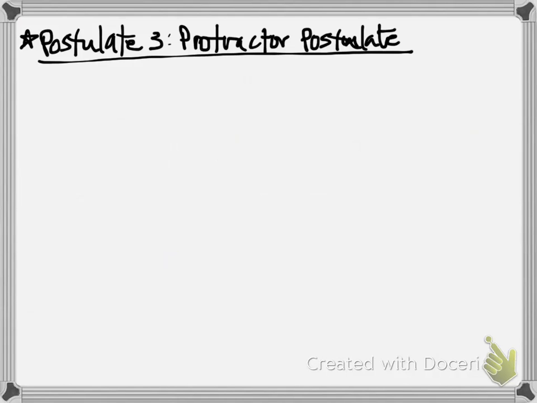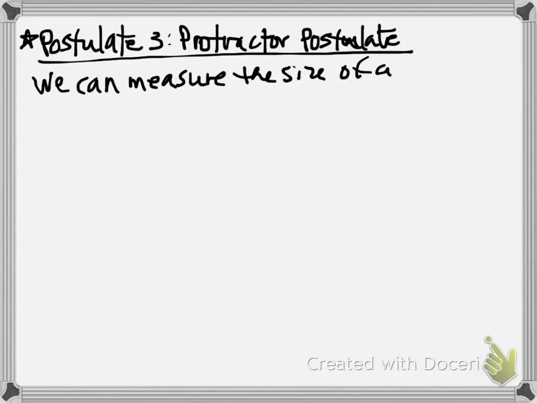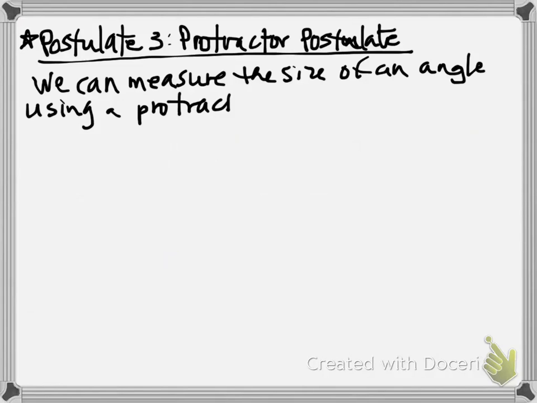And we're going to change it to say, we can measure the size of an angle using a protractor. And again, if you really look through the actual protractor postulate, it just tells you how to create a protractor. That's it.